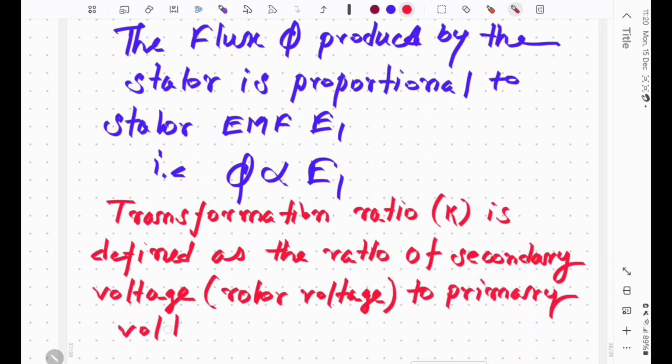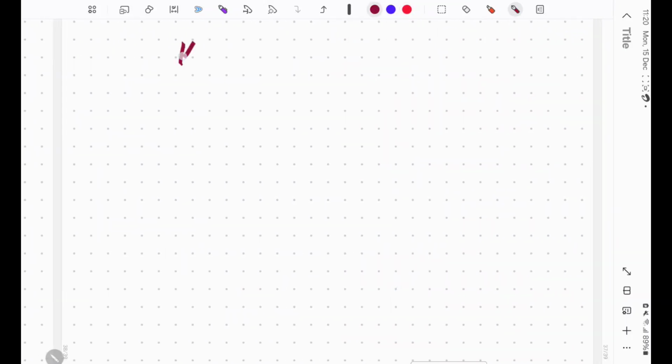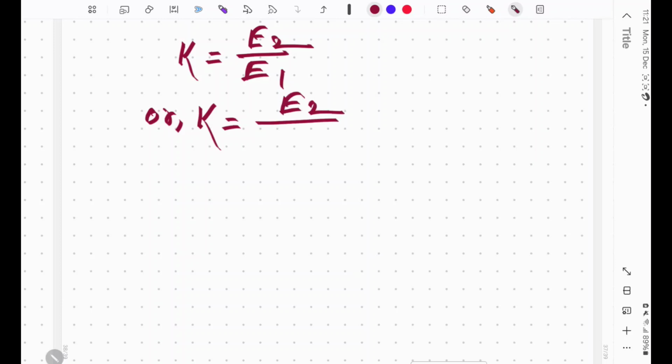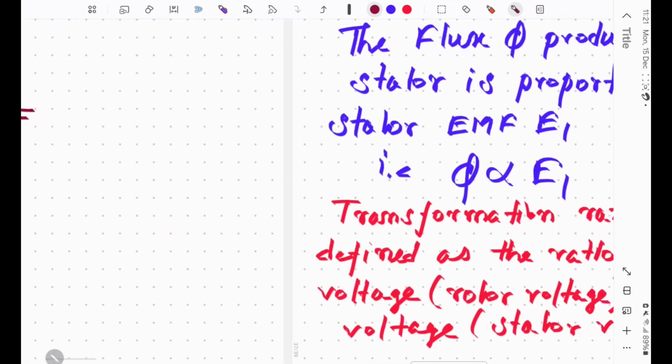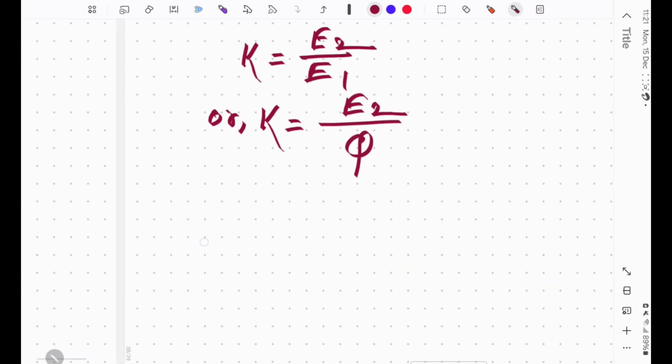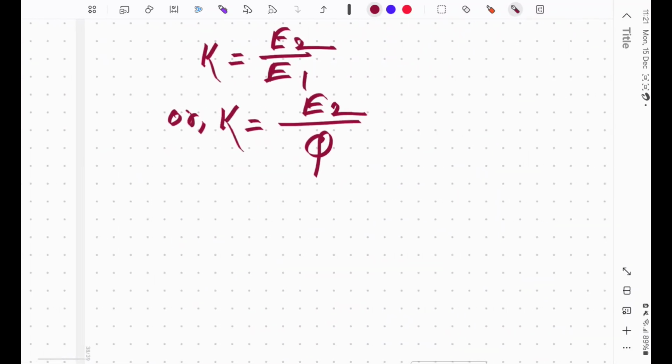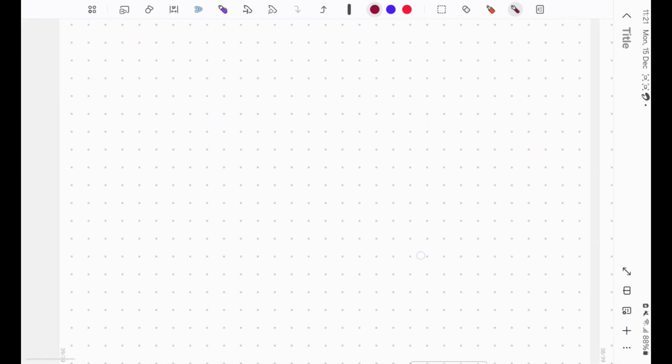Primary voltage means stator voltage. So we can write K is equal to E2 by E1, or K is equal to E2 by phi. As we know phi is proportional to E1, we can write E2 is proportional to phi.